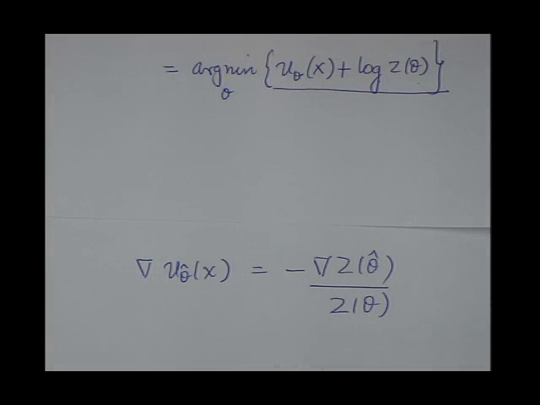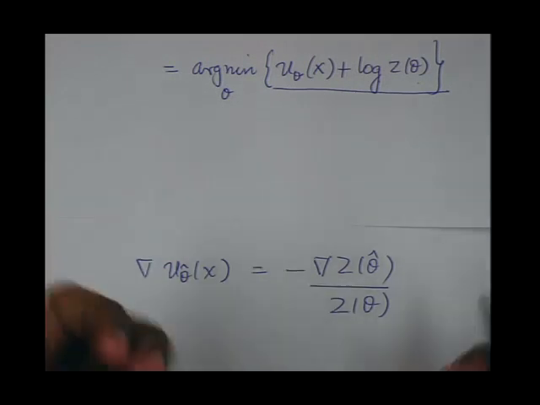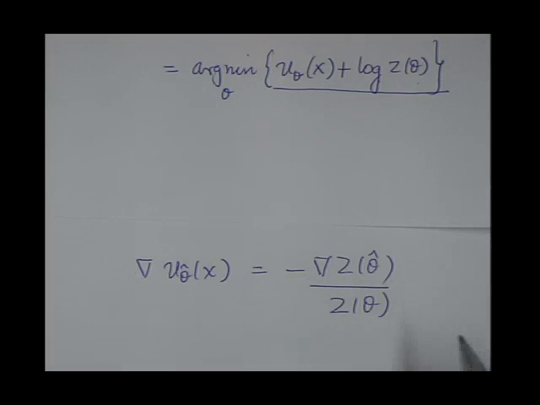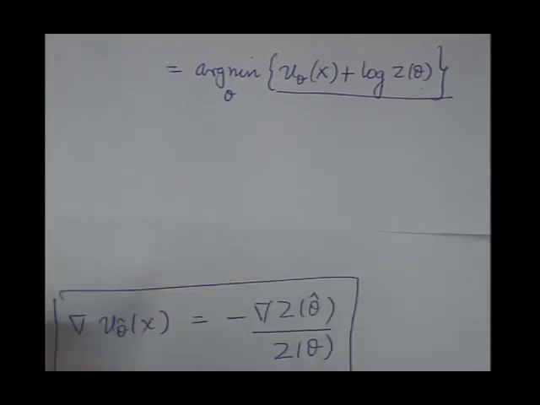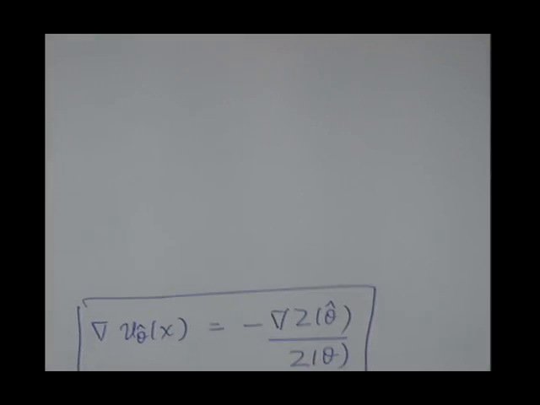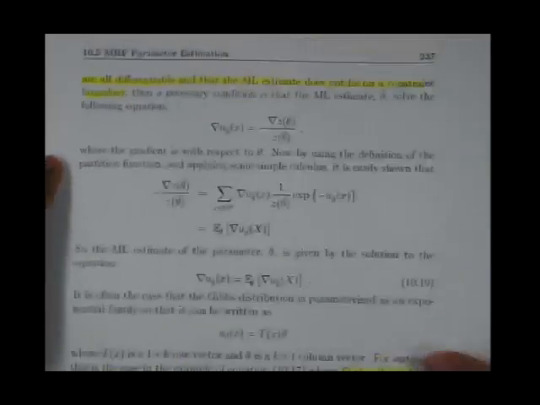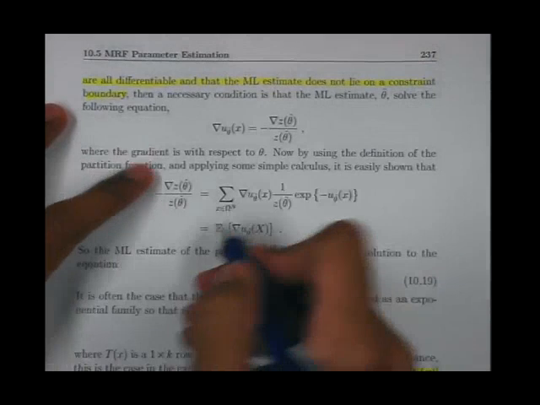Now, we can further simplify. You want to get some insight. You want to solve this system of equations for theta, right? So given that you have set the gradient to 0, put this aside. One thing you can do then is go back to the original partition function.